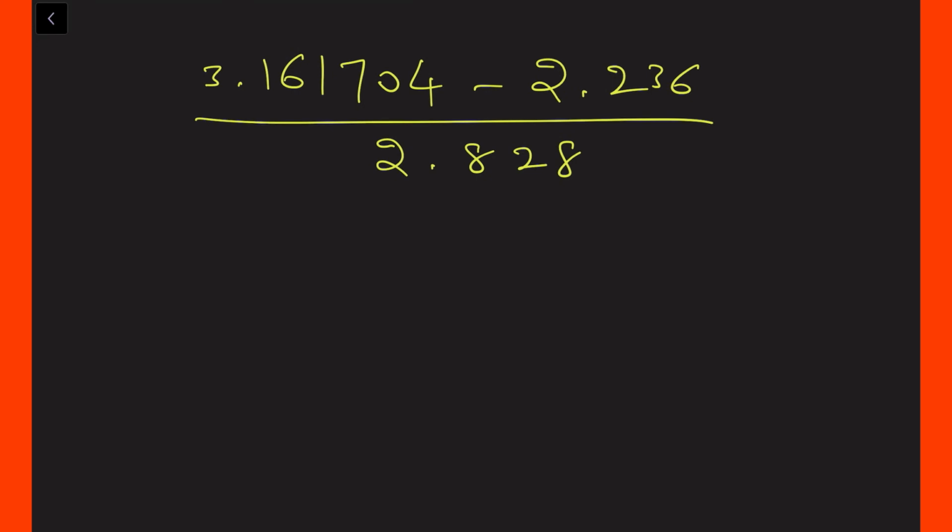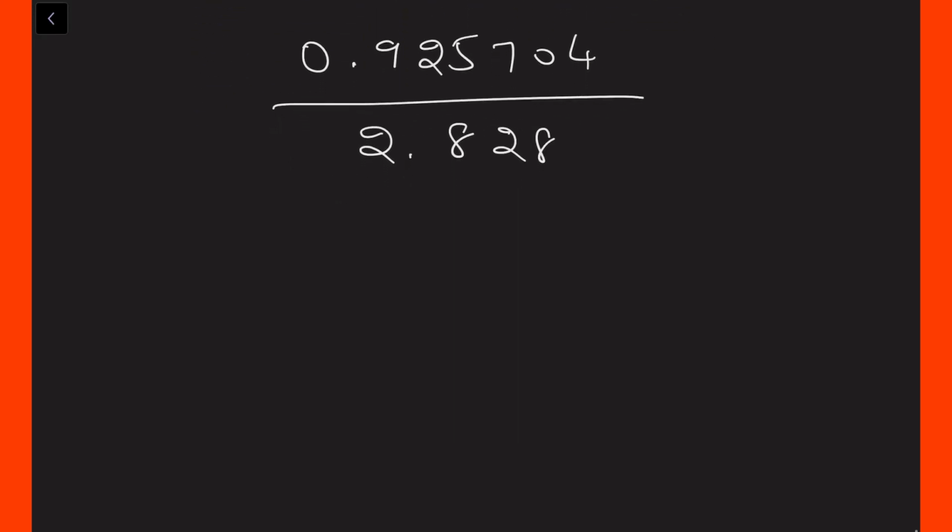Now the numerator, if you do subtraction, 3.161704 minus 2.236, that is nothing but 0.925704, divided by 2.828.